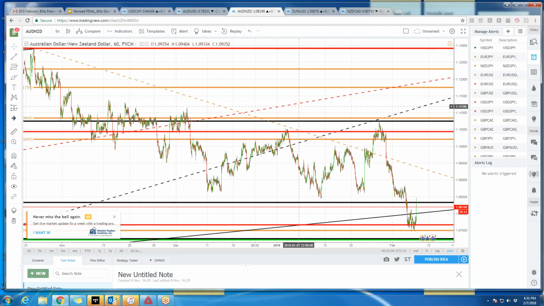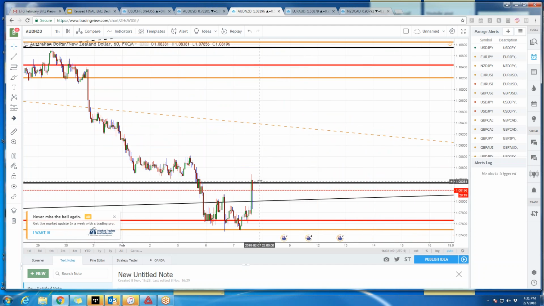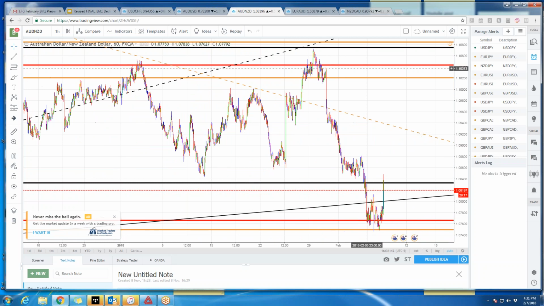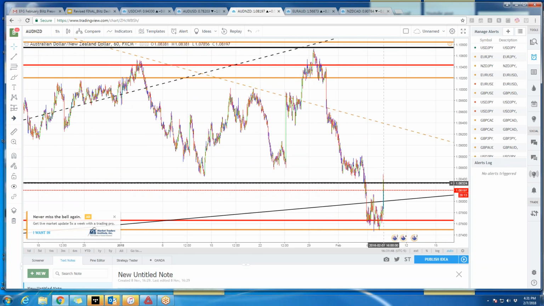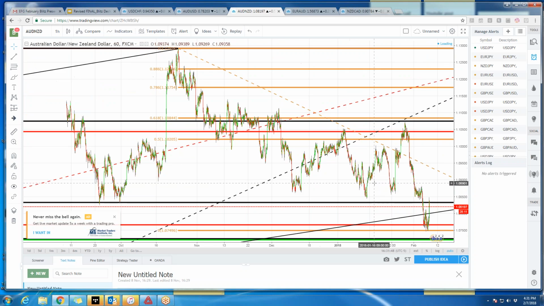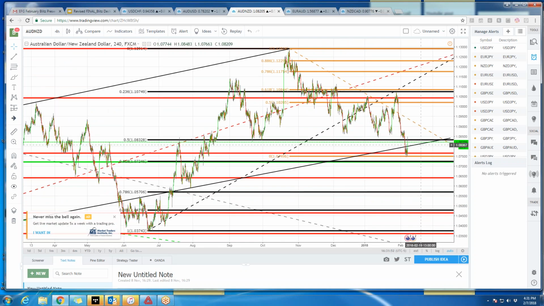I'm not sure about this. If it closes over top of this, then it should run up. If it keeps staying under this, if it comes up here and tests on this again, it should come to the 61.8 at least.